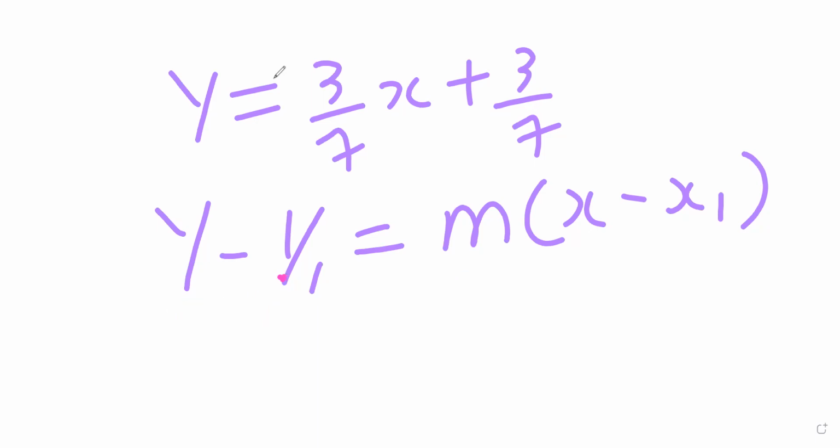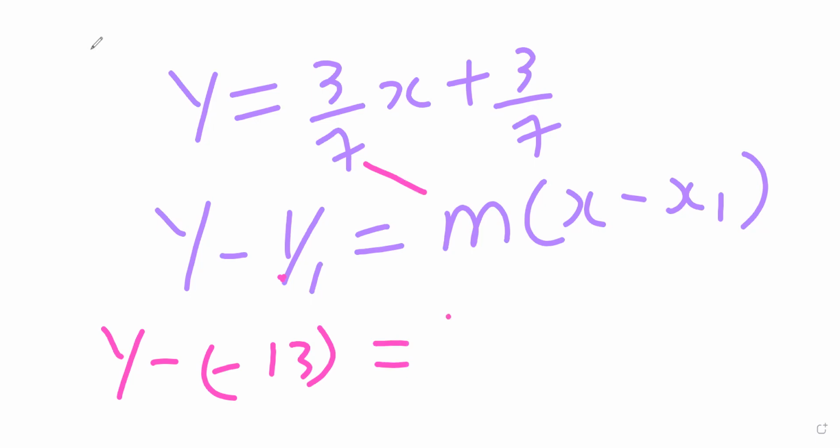So let's go back and put down the information that we have. Our y, which is the y in the equation, is going to be that. Our y1 was what? -13. Put in parentheses. What's our gradient? The gradient is the same because it is parallel, right?